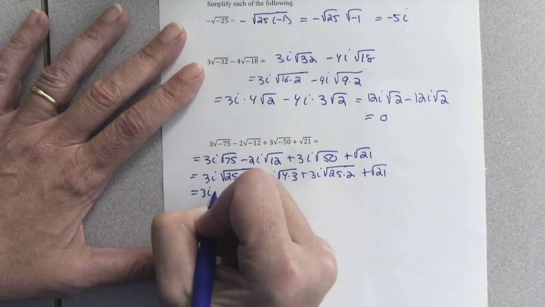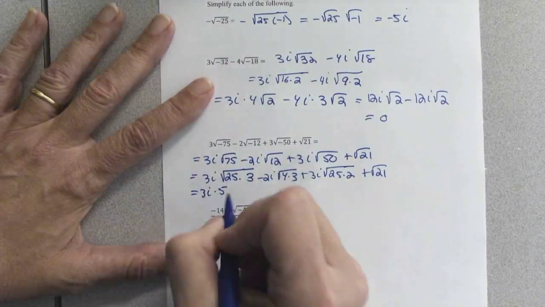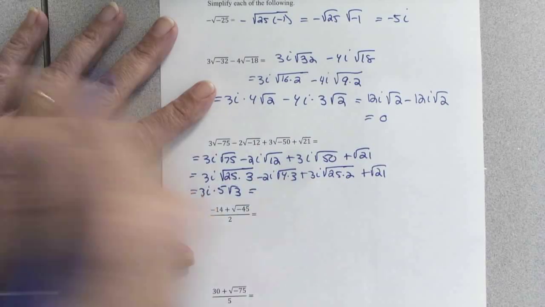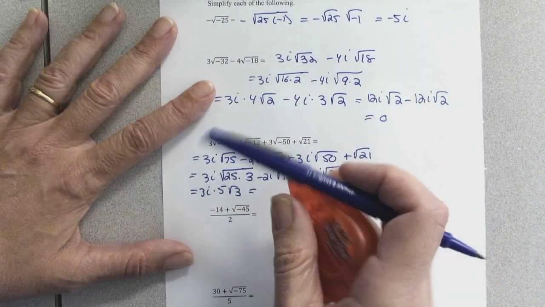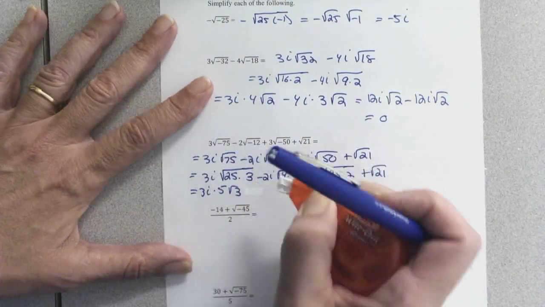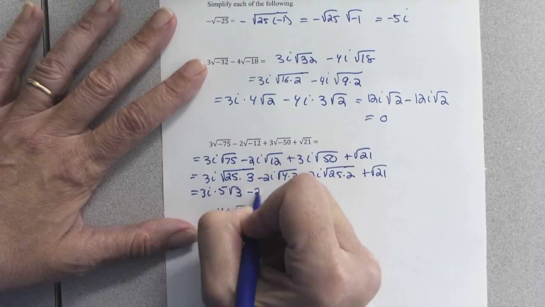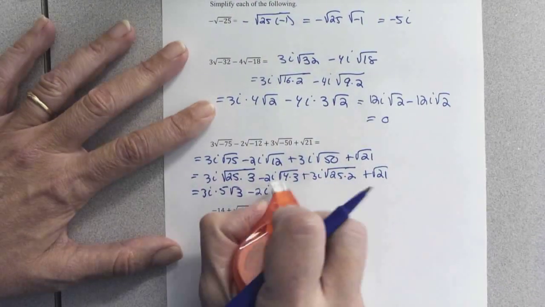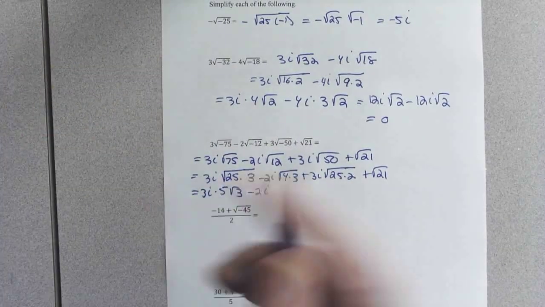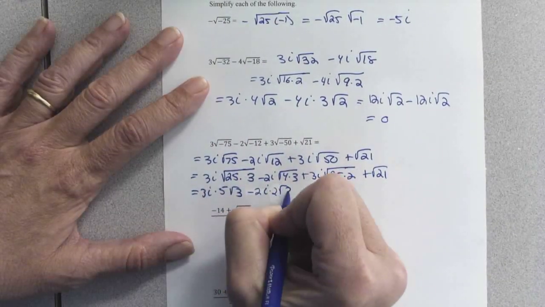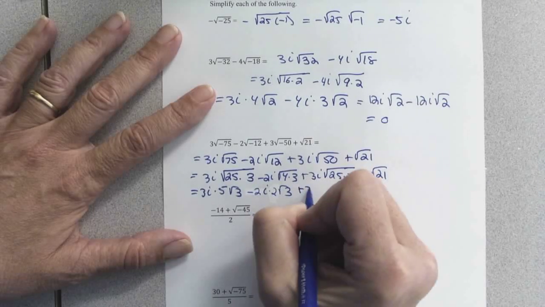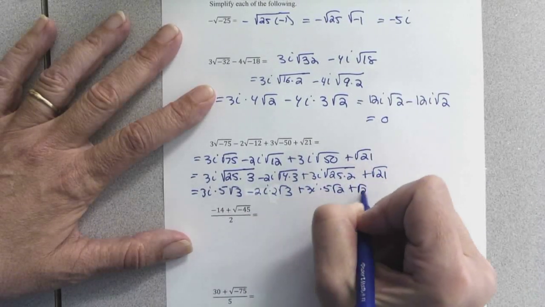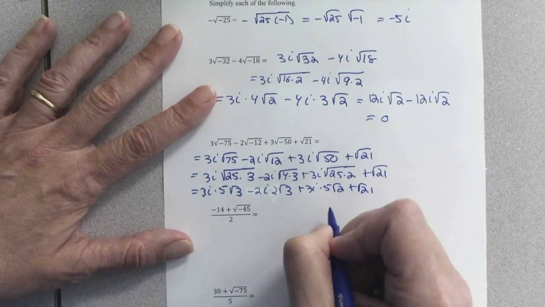Keep going. I'll have to write smaller here if I'm going to get it all on there. Square root of 25 is 5, leaving behind the square root of 3. An equal sign. Minus 2i times 2 square root of 3 plus 3i times 5 square root of 2 plus the square root of 21.